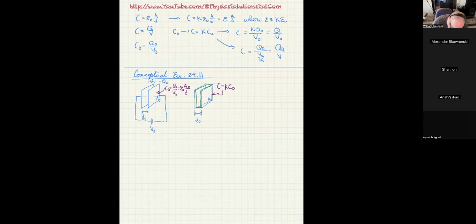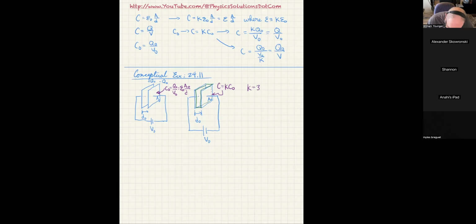Now, the other thing I didn't include was the fact that the battery is not changing, so I want to go ahead and draw that in here. And we're not disconnecting the battery, so I want to include that as well. So this voltage is still V0, and K is equal to 3. They're asking, will Q increase, decrease, or stay the same?